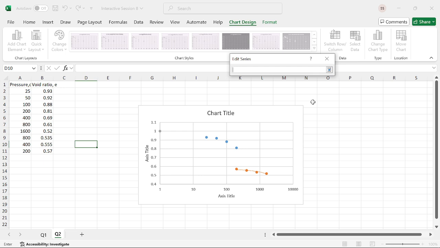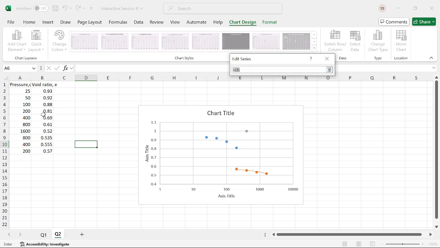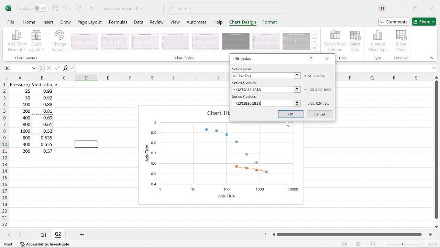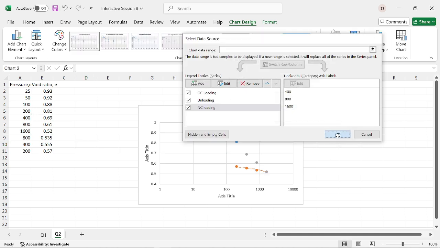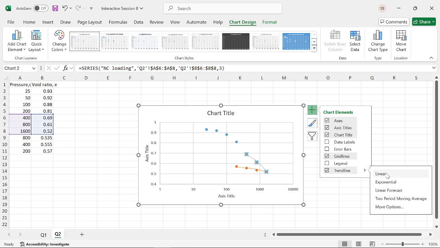Okay. From x is equivalent to this and y is equivalent to this. Okay. So if now I add a trend line to it, it will be a better picture.